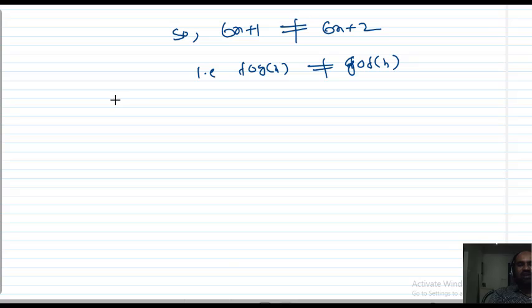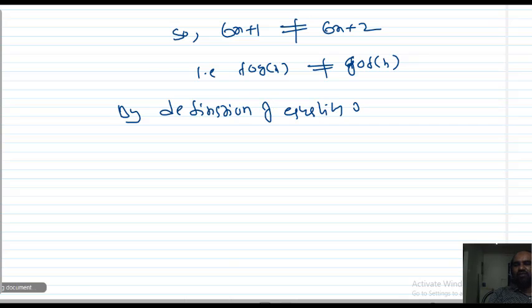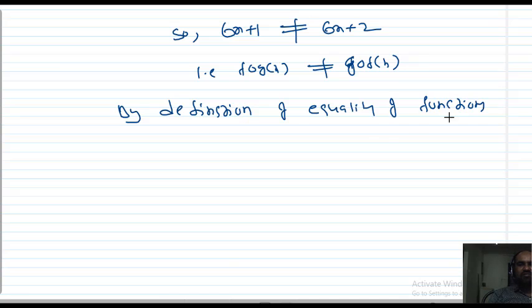So by the definition of equality of functions, F circle G is not equal to G circle F.